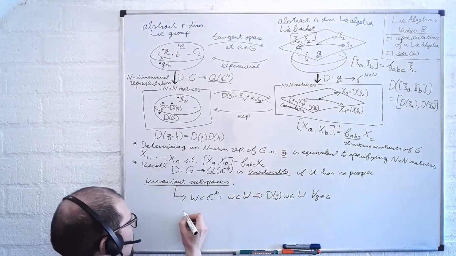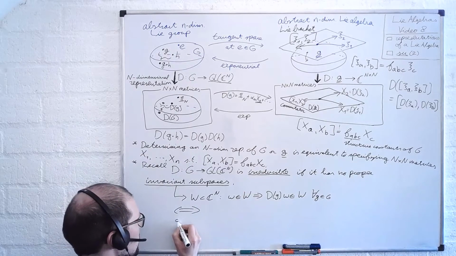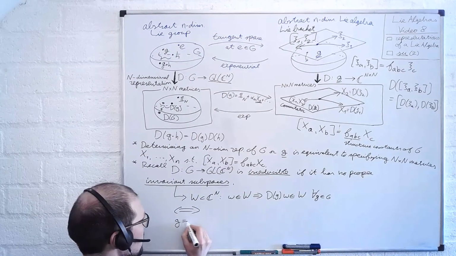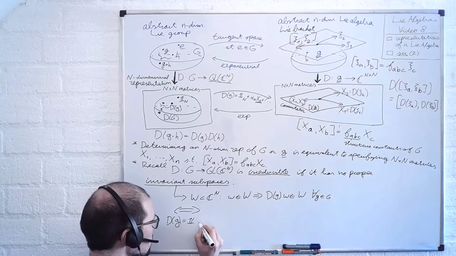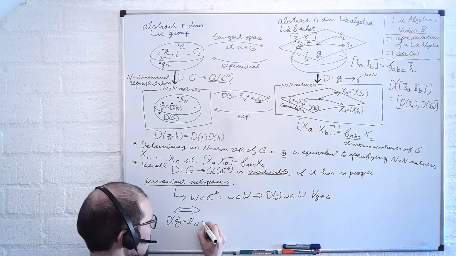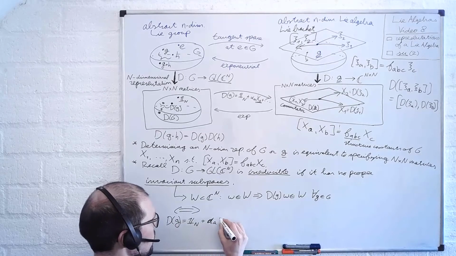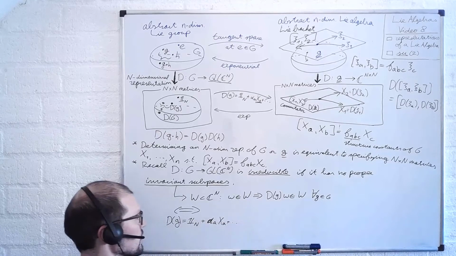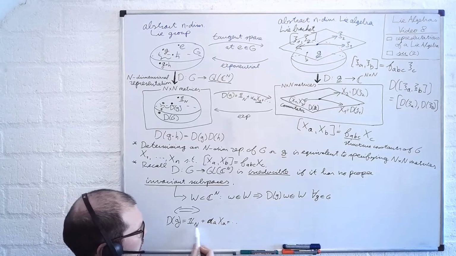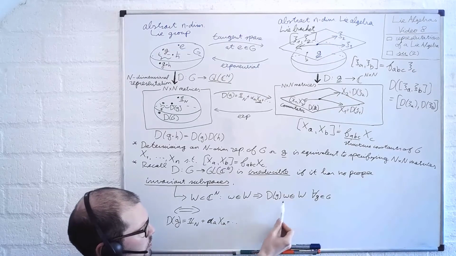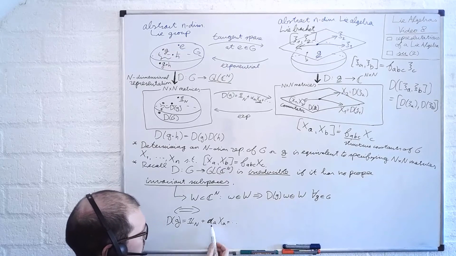Recalling that I can write the representation of G in general as the identity element plus linear combinations of the generators plus higher order terms, really requiring that every element of such a type is going to preserve W, this linear subspace.